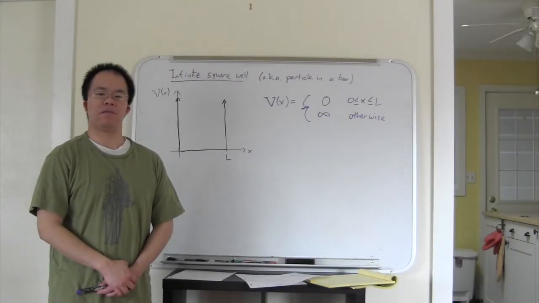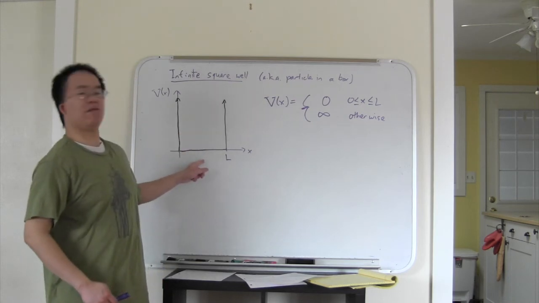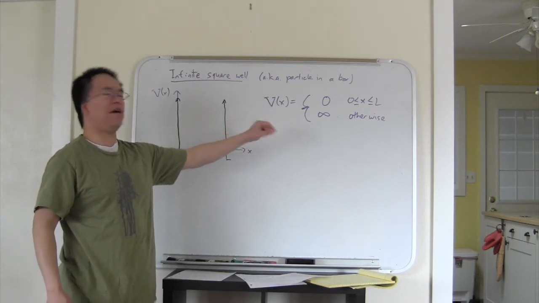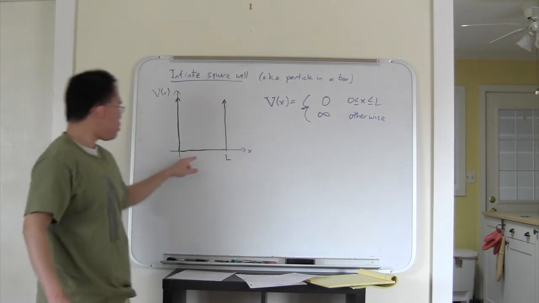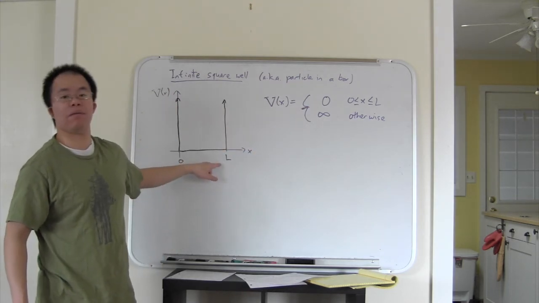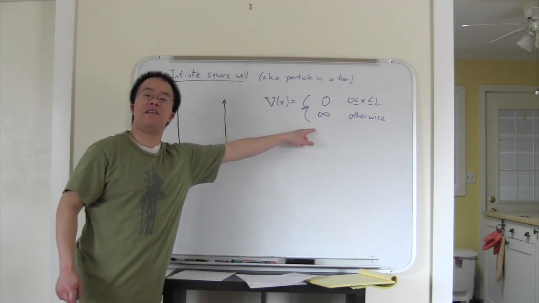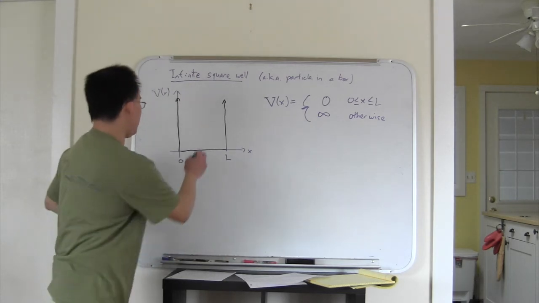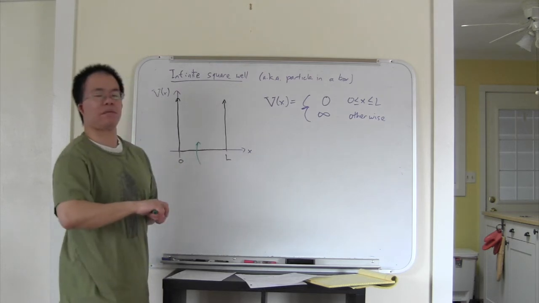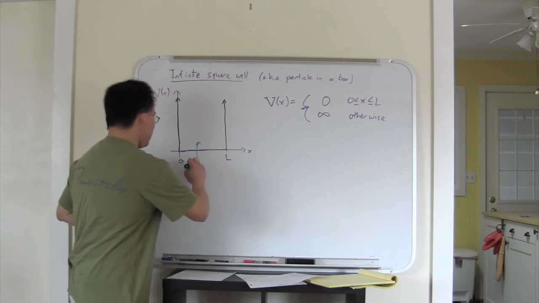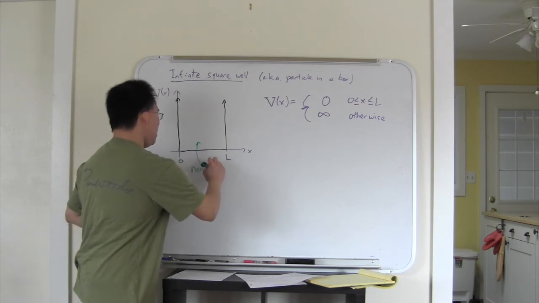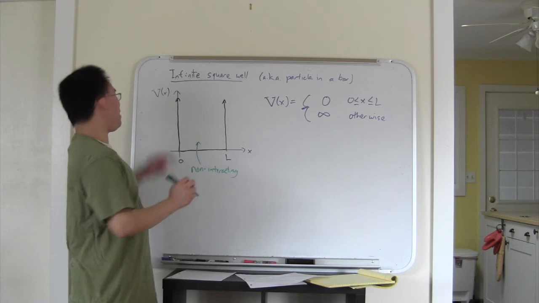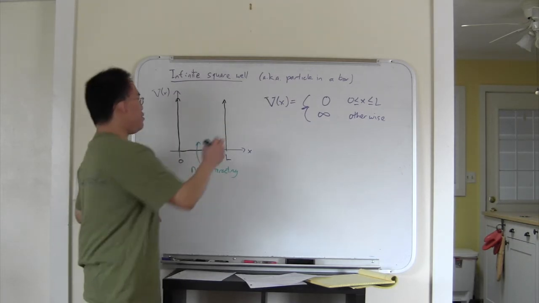As you saw in the reading, the infinite square well potential energy looks like this. The potential energy is defined in the following way. It's equal to 0 for x between 0 and L, and otherwise the potential energy is infinite. Let's talk a little bit about the physical significance. In this region, 0 to L, where V is 0, the particle is non-interacting, but out here we have an infinitely high potential energy.